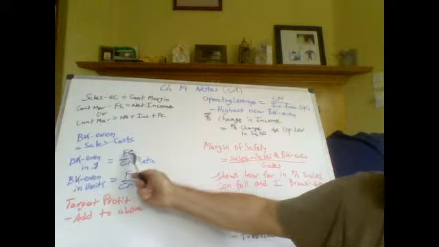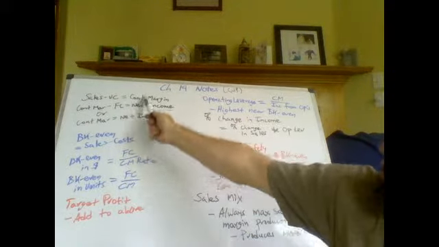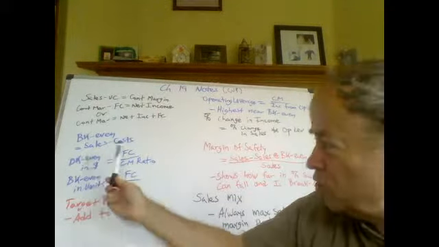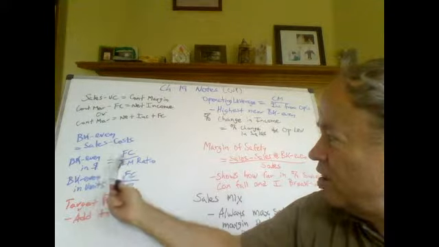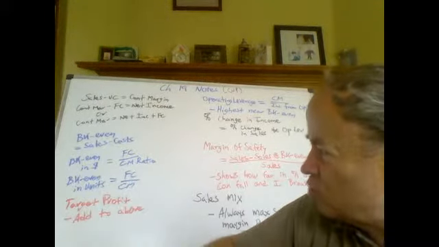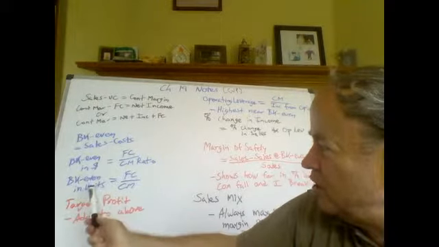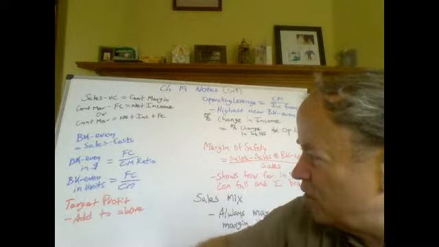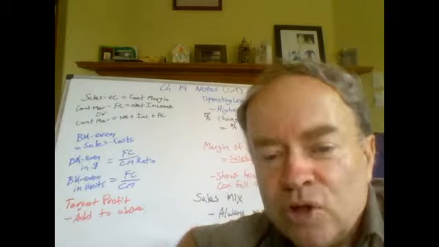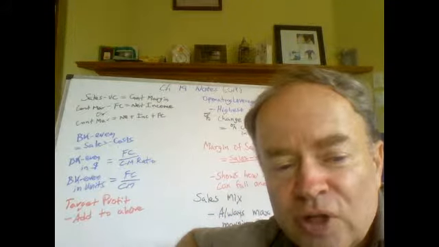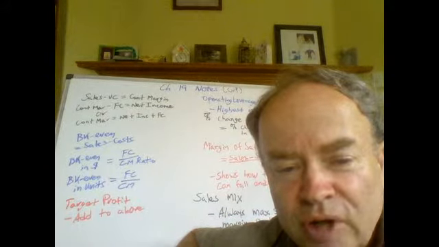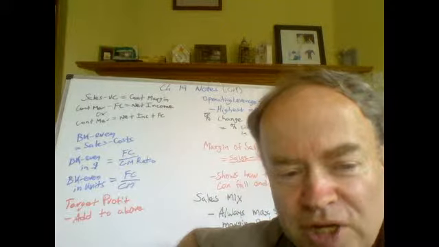Break-even in dollars, based on the contribution income statement, is fixed cost divided by the contribution margin ratio, and in units it's fixed cost divided by the contribution margin. Those are the two formulas I would probably concentrate on with regard to break-even.